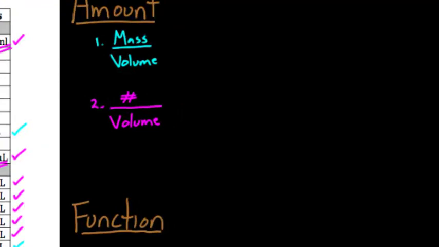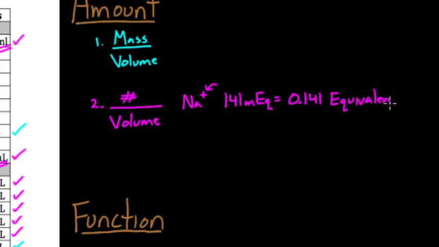Maybe this would be a good example. Sodium. So I have here a sodium, and remember sodium is a cation. It's 1 charge. So sodium, I have 141 milliequivalents of it. And that's actually the same as saying that I have 0.141 equivalents, right? Because we know milli is just 1,000th. So that's the same thing as that.